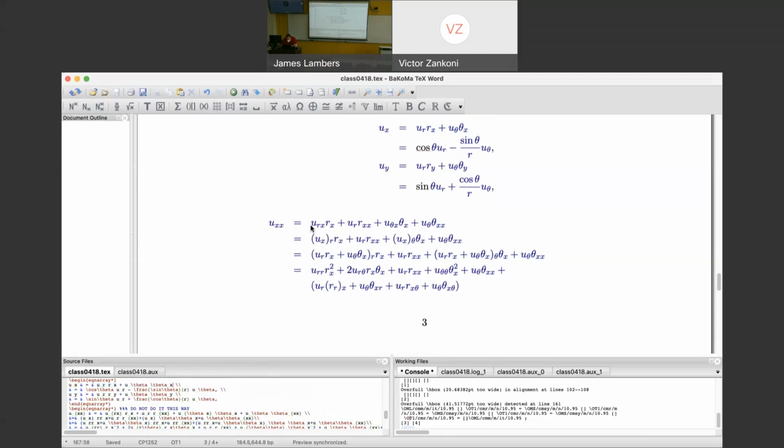I think what I might need to do is include some additional terms so that there are no loose ends. Because if I'm going to take a derivative of just this term with respect to x, I have a product here, so I need to use a product rule. For instance, here I'm going to have u_r x_r, and that's what I have here.